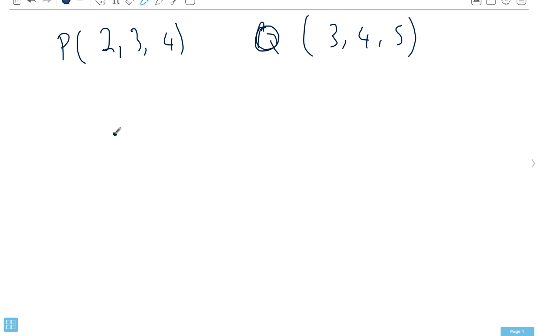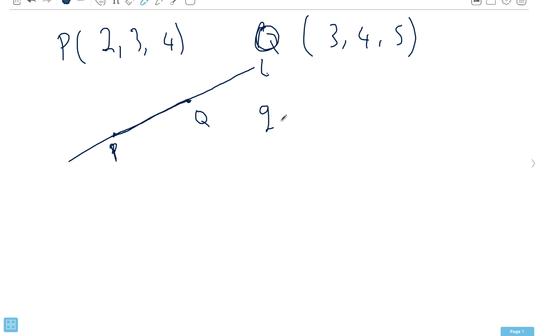So what we have is 2 points, and they want the line that passes through both these points. So if I just draw it, this is P, this is Q. Well, you know the direction of this line is going to be PQ, and PQ is just Q minus P.